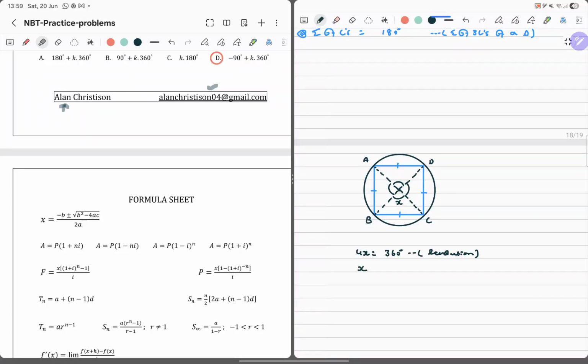So this means x is going to be equal to 360 by 4. It's 90. So we get 90 degrees. But now since these two are the same, adding those up, they make up the angle at center, and the angle at circumference is that one.